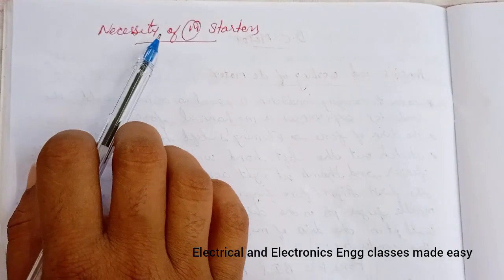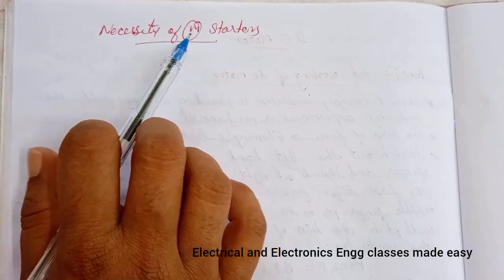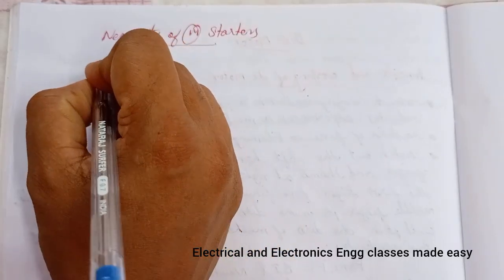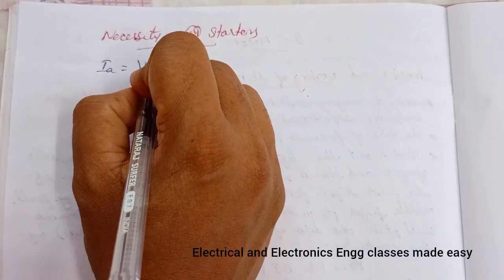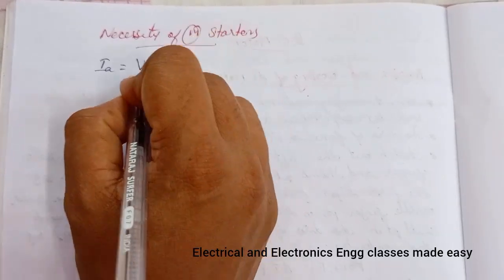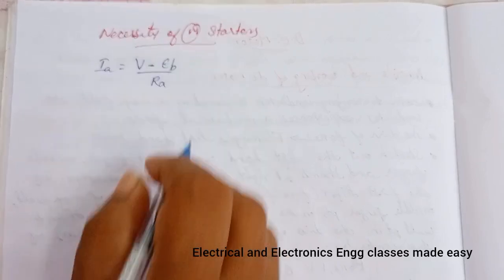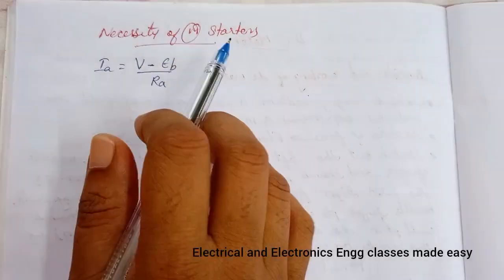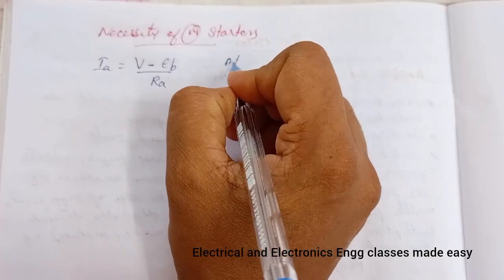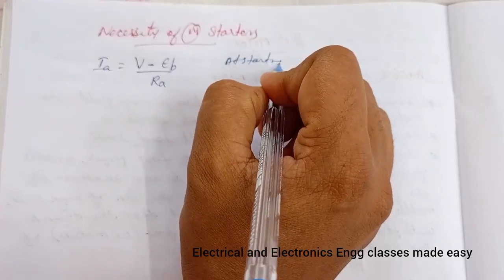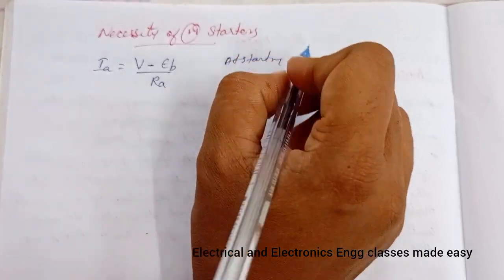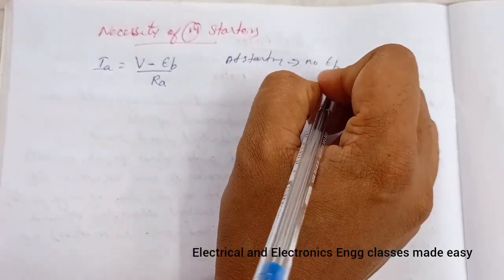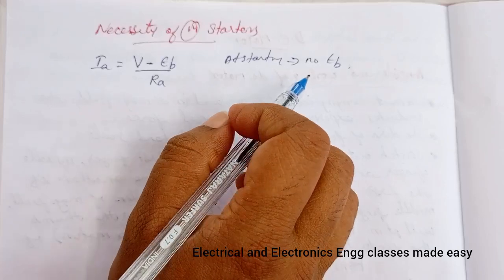Next is necessity of motor starters. We know IA is equal to V minus EB divided by RA, and at starting, that is when the motor is stationary, there is no back EMF in the armature.